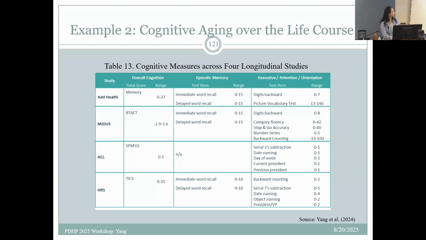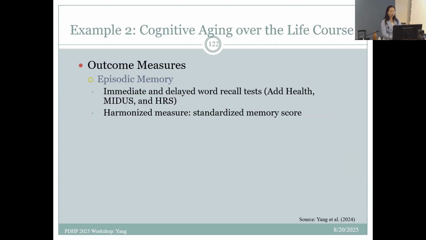One is episodic memory, which is luckily measured the same way across 3 out of the 4 studies. ACL does not have that. The other domain is executive attention orientation function, where they have some sort of overlap across studies, but not all of them are the same.